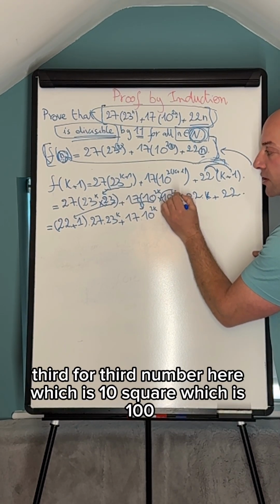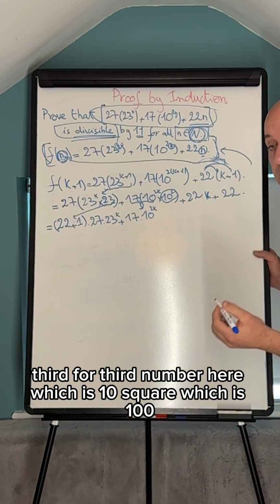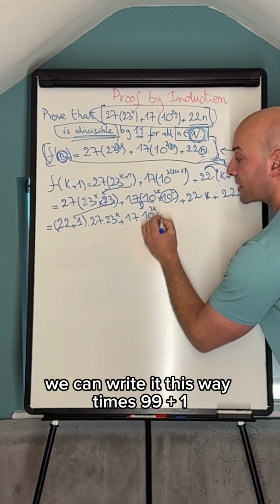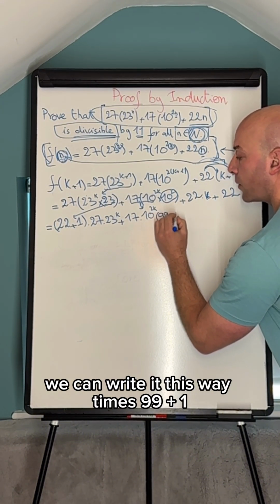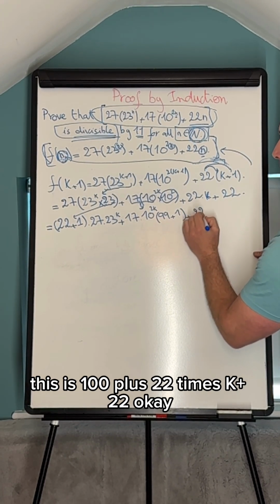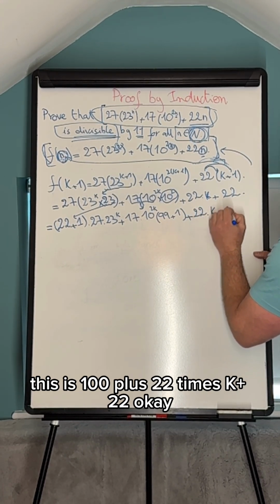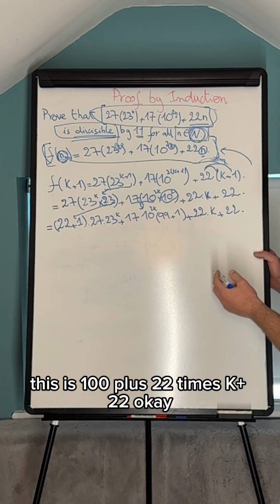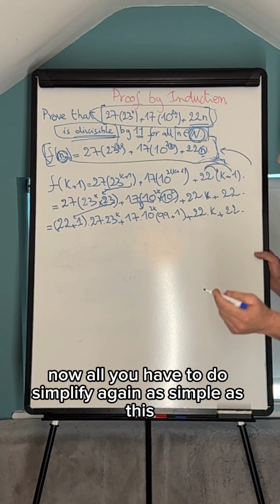Third number here, which is 10 squared, which is 100, we can write it this way: 99 plus 1. This is 100, plus 22 times k plus 22. Okay, now all we have to do, simplify again, as simple as this.